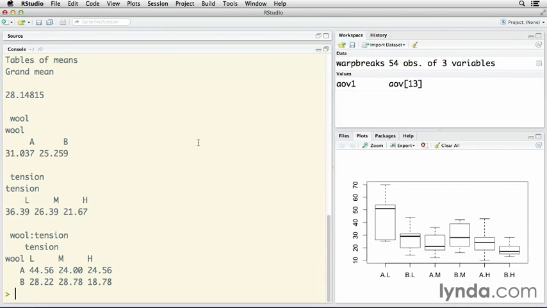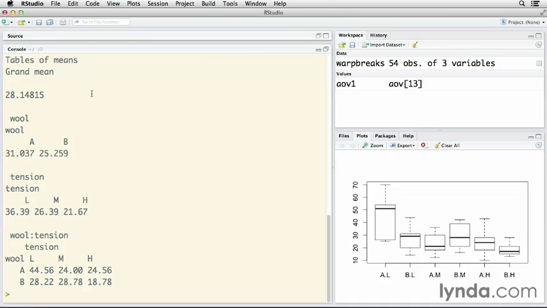So overall, the grand mean, the number of breaks, is 28. Okay, fine. That's across all six conditions. Of the two wools, A had 31 breaks and B had 25.2. Now that appears to be a fair amount, but remember that one's not quite statistically significant. Tension, on the other hand, was a big effect. Low tension, there were 36 breaks across both wools, medium 26 and high 21.